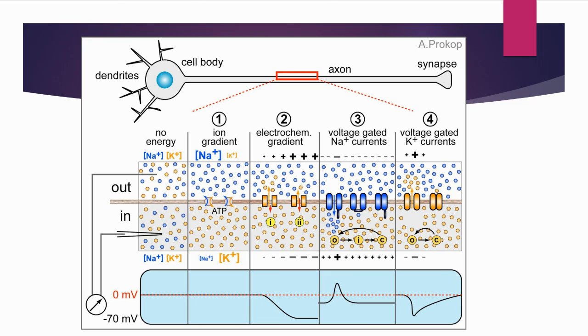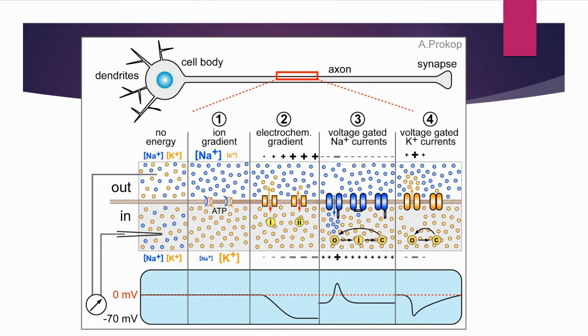As the sodium moves in, the action potential goes from negative 70 to positive 40 millivolts. The sodium gate will then close, the potassium gate opens. As the potassium leaves the axon, the action potential goes from plus 40 millivolts to negative 70 millivolts. And that is pretty much how it's going to happen.